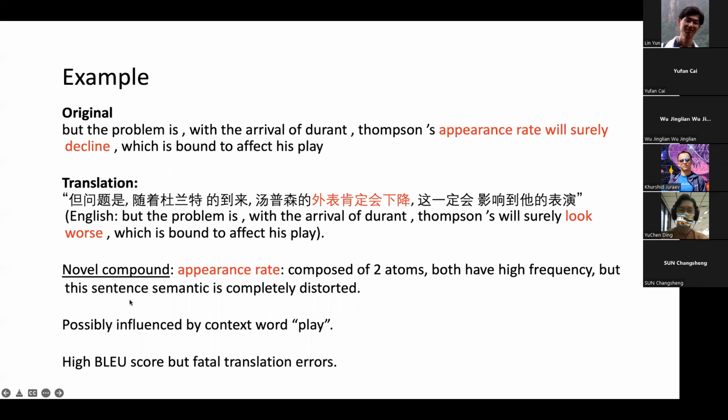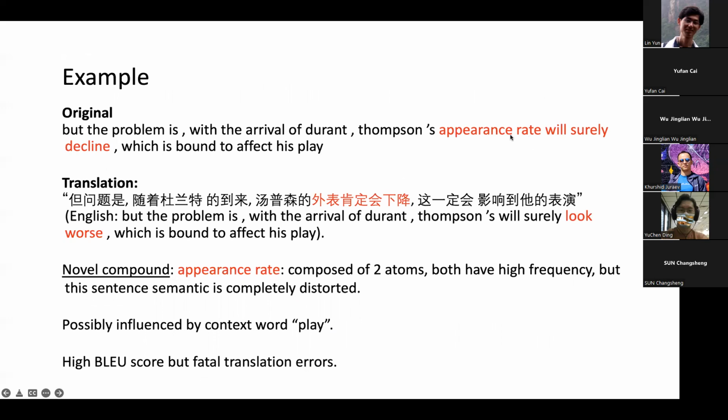So they also have the idea of a novel compound. This is an example. In the original text, anyway, what I highlighted here, in the translation part, this highlighted part is translated wrongly, and they think the novel compound is appearance rate.